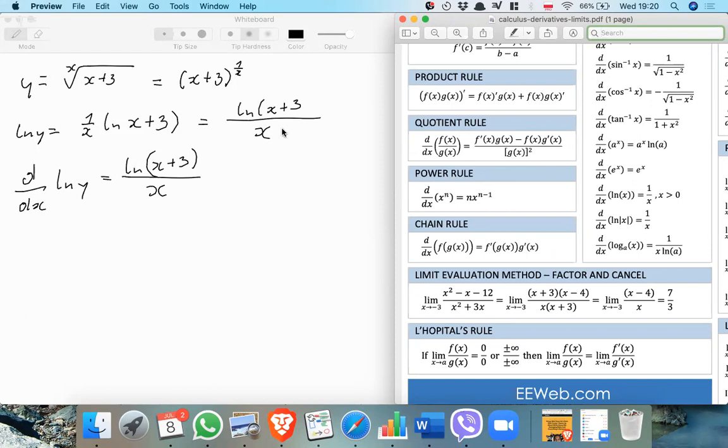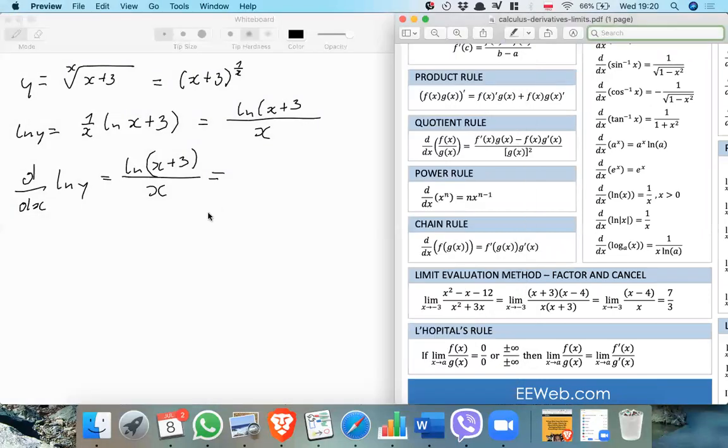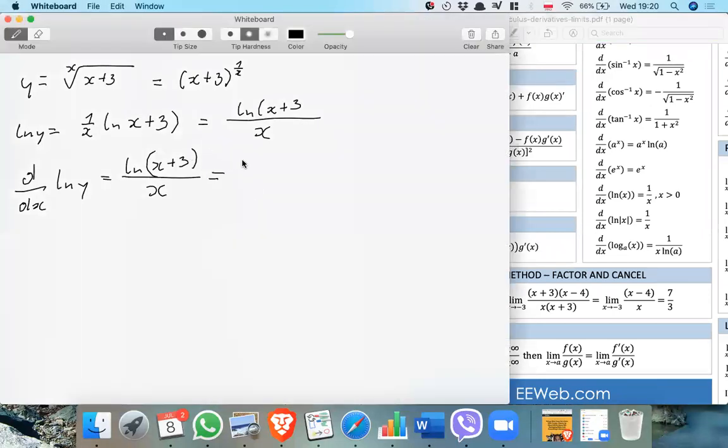So we're multiplying derivative of the numerator by the denominator minus numerator by the derivative of the denominator, and all that over denominator squared. So for us, above the line we have x multiplied by derivative of ln of x plus 3, minus ln of x plus 3 by the derivative of x, and then all that has to be over x squared.